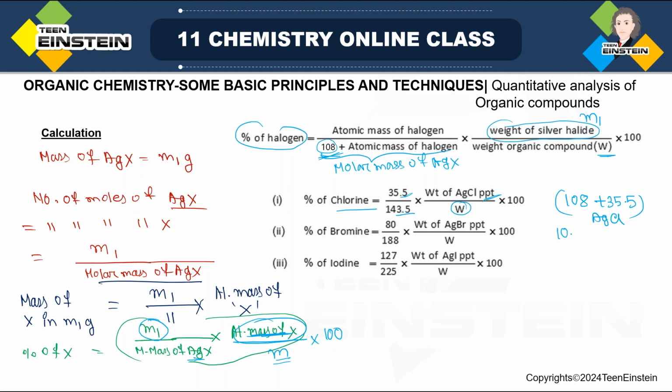Similarly, when it is AgBr, 108 should be added to 80, the atomic mass of bromine, which gives 188. And for iodine, 108 plus 127 gives 225. So these are the three equations that you can directly use if you are solving any problem.